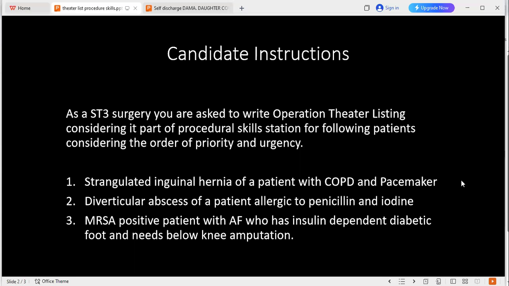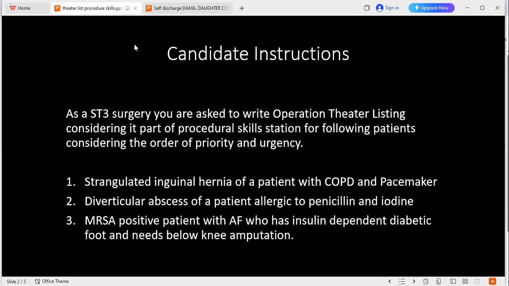I'll start now. Okay, so if you've read and understood the procedural skill station, please begin. Right, please tell me, after you've read the stem, how would you prioritize and order the theater listing given to you? My first case would be strangulated inguinal hernia of a patient with COPD and pacemaker.